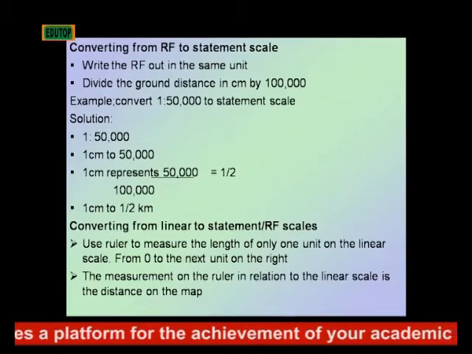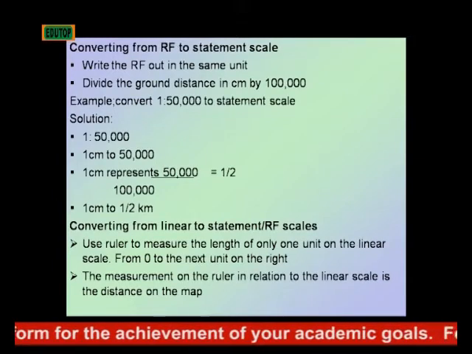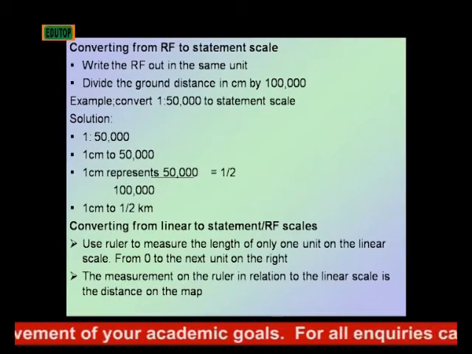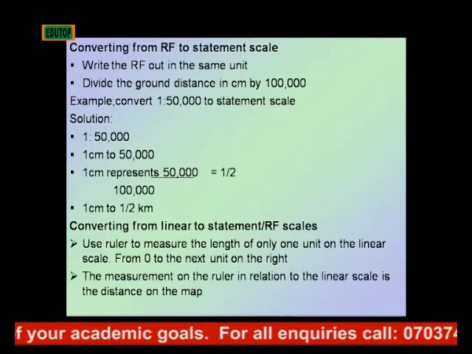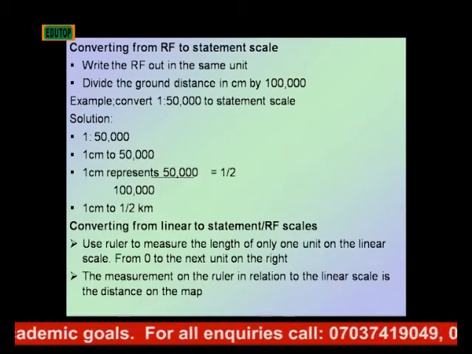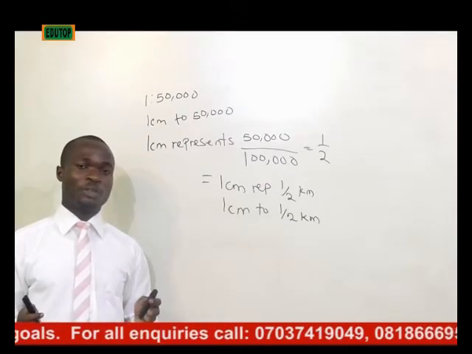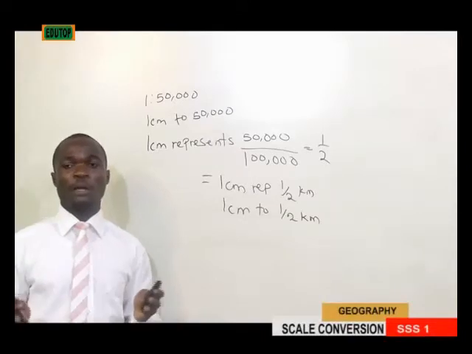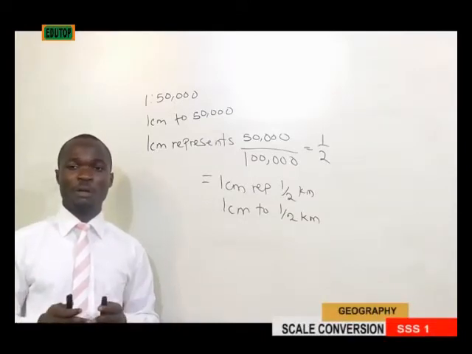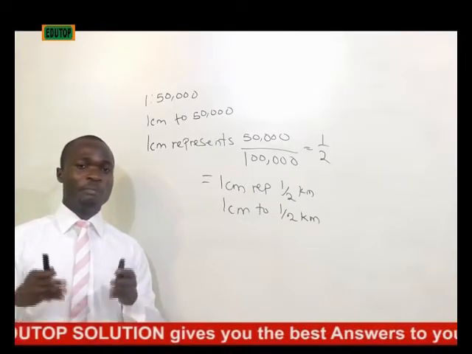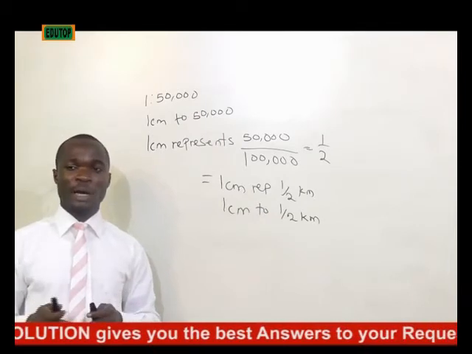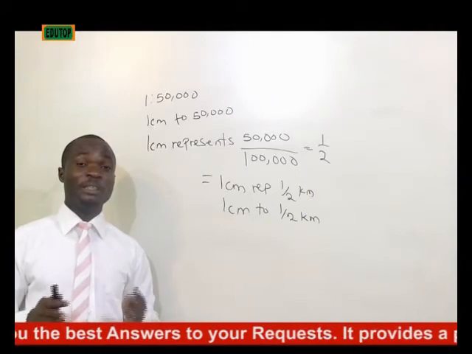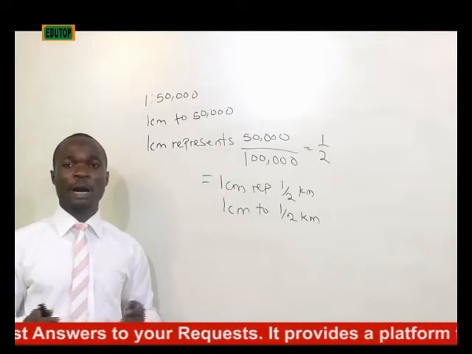The measurement you derive on the ruler will now be related to the linear scale in the distance on the map. What am I trying to say? I'm saying that after using the ruler to measure, that measurement on the ruler in relation to the linear scale will now become the distance on the map.